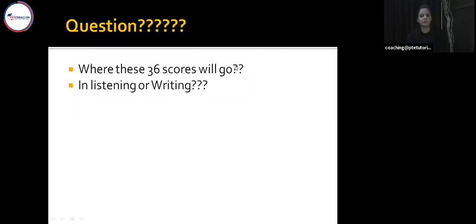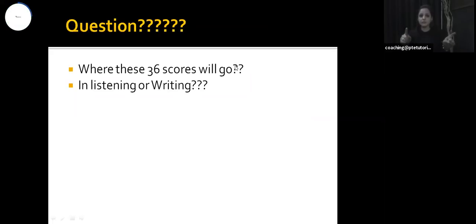Why I'm saying this thing? Because in listening, only software needs words. That's it. Then scanning will be going on, and in your response, software gets the words which you have written and are correct. You will be getting the score for listening.